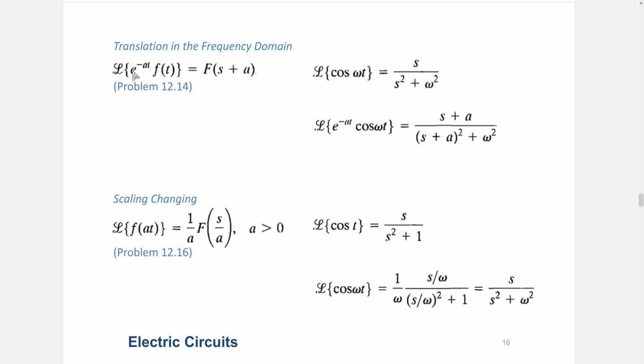So if you need to take the Laplace transform of such a function, you can directly substitute s plus a into the frequency domain. For cosine omega t, we have s divided by s squared plus omega squared. And the Laplace transform of e to the minus at cosine omega t will be s plus a divided by (s plus a) squared plus omega squared.